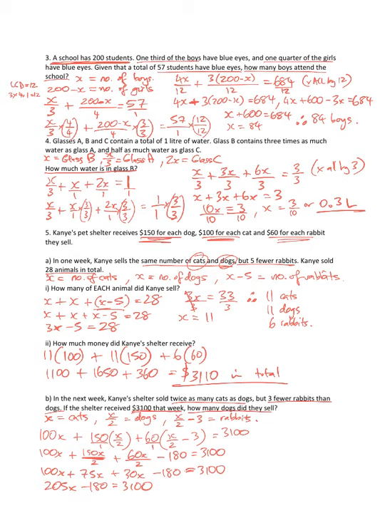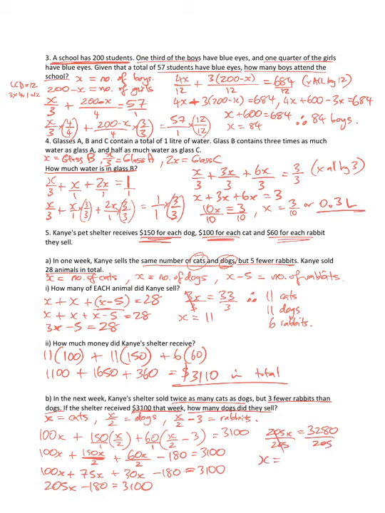What's the opposite of taking 180? Adding 180. So continue working on the right hand side. 205x is equal to 3100, add 180, 3280. Opposite of timesing by 205 is dividing by 205. Divide both sides by 205.